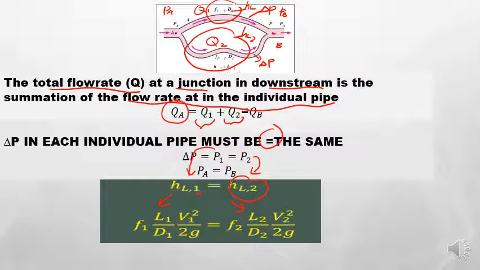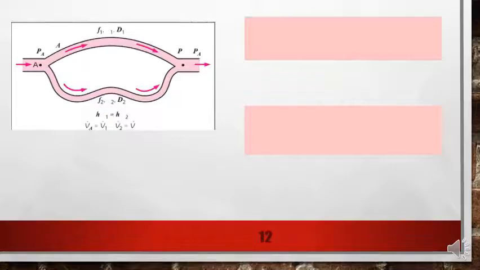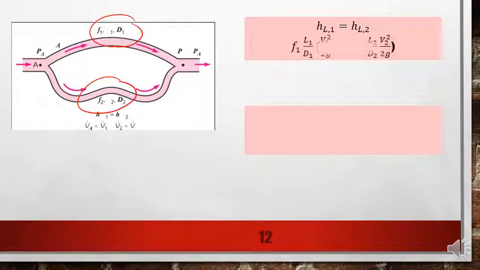Okay, since we know that the head loss for each part, part 1 and part 2, is the same, we can make the equation like this for head loss, and we can also rewrite it into this form. This is a term to calculate the head loss for each part.